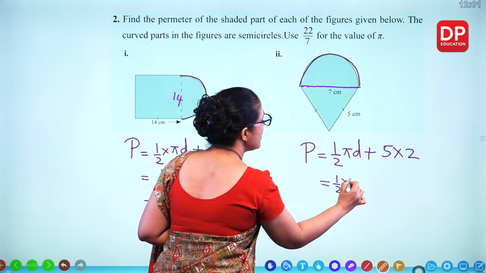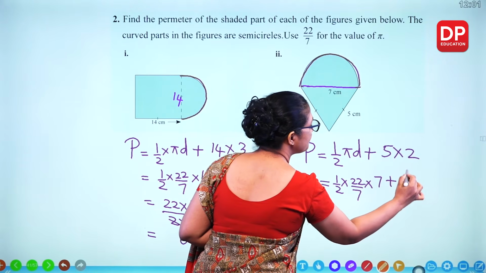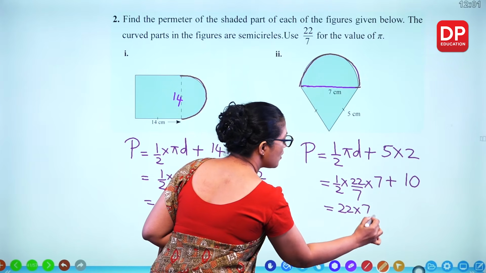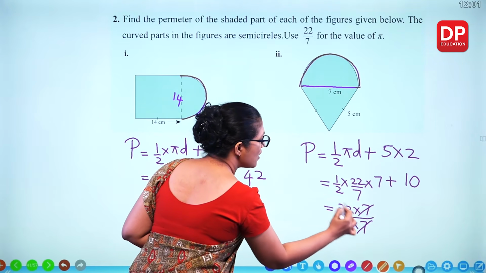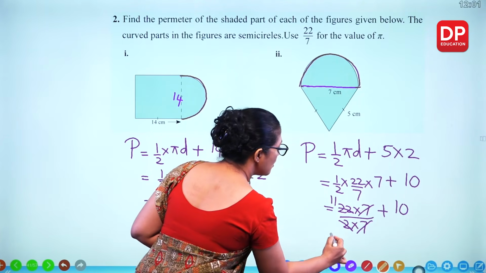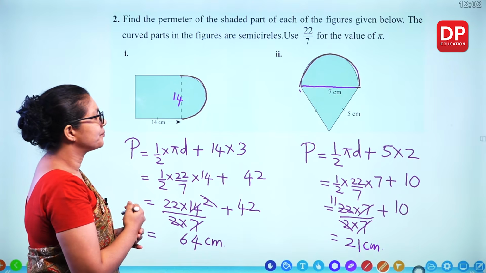Half pi is 22 over 7. Diameter is 7. This is 10. Now 22 into 7 over 2 times 7. 7 gets cancelled out and you get 11. 11 plus 10. You get 21 centimeters as the perimeter of this figure.